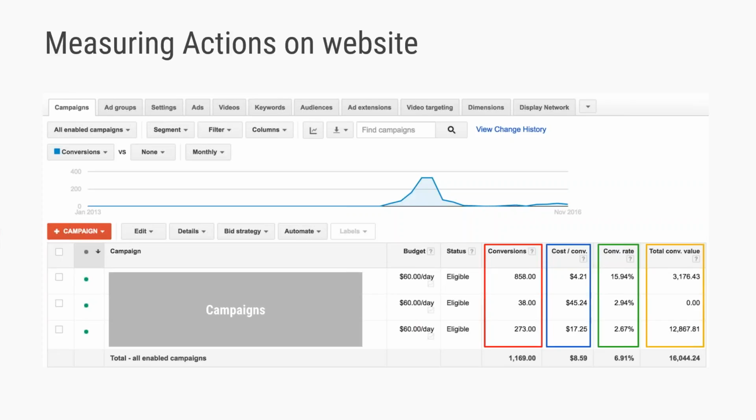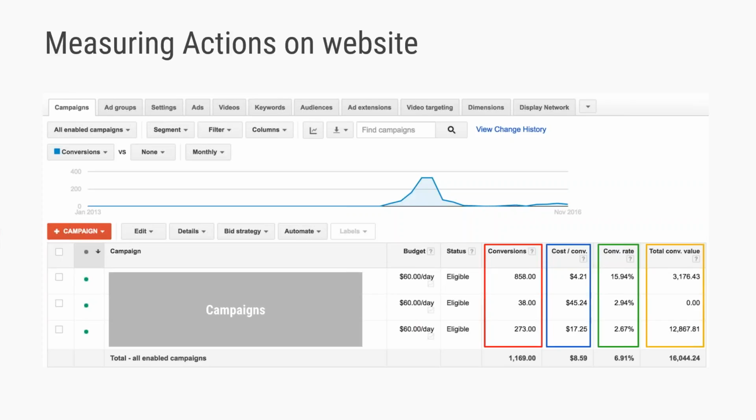The way we discussed click-through rate earlier, conversion rate is also an important metric because it will give you an idea about how relevant your landing page is. So you have managed to get your audience from the ad to the landing page. Now if your conversion rate is low, that means there is something wrong in the ad or in the landing page.